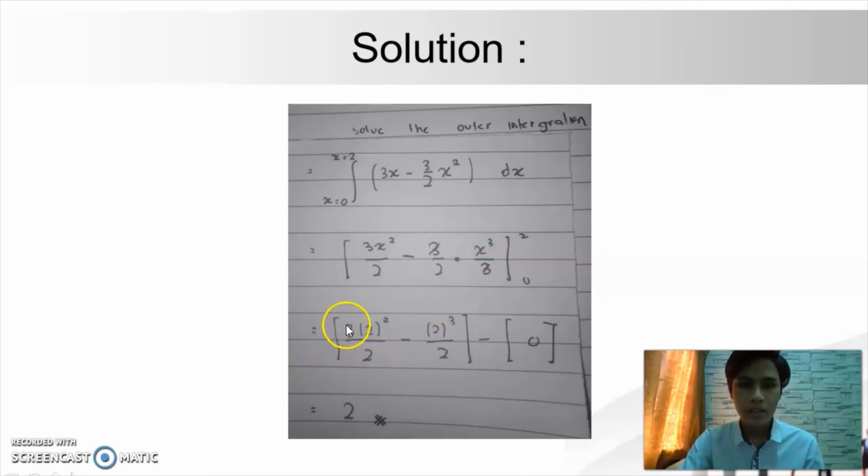Then we solve it by inserting the values: 3 open bracket 2 cubed over 2 close bracket minus 2 cubed over 2, minus 0. Then we get the answer is 2 units.